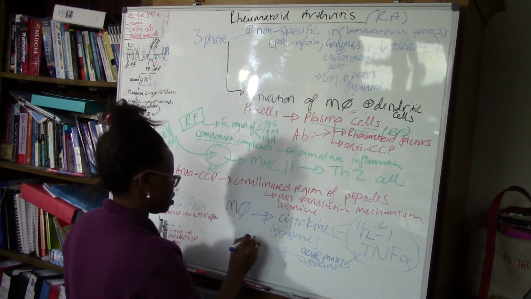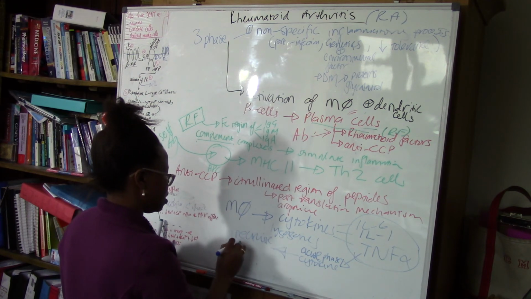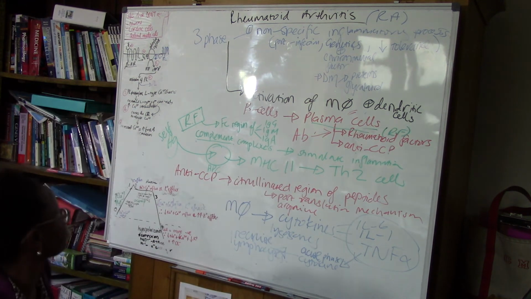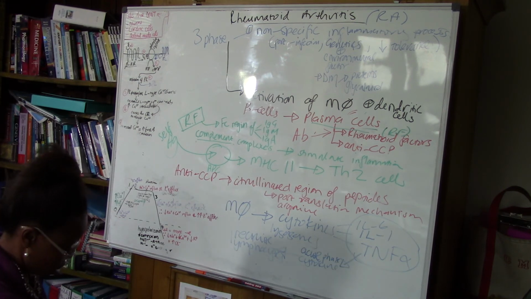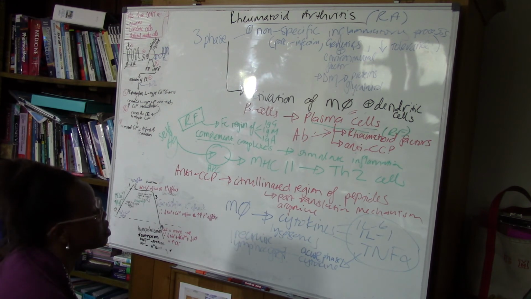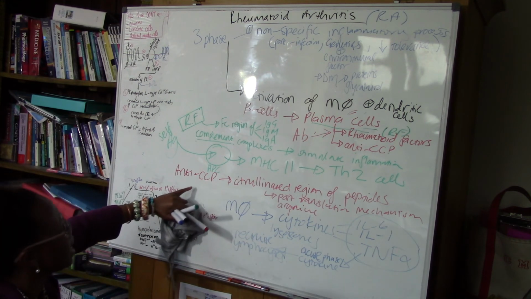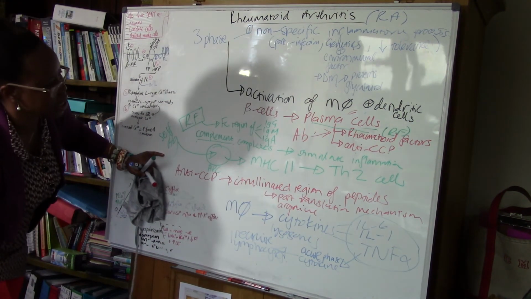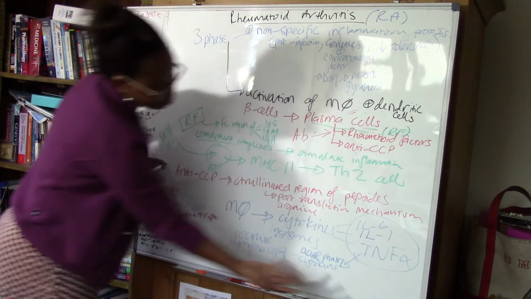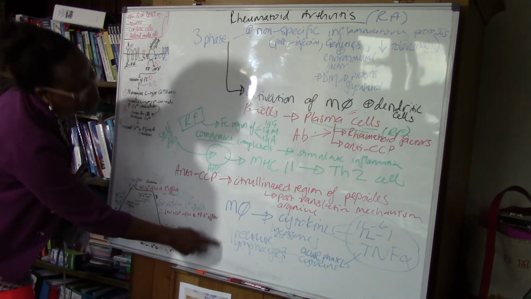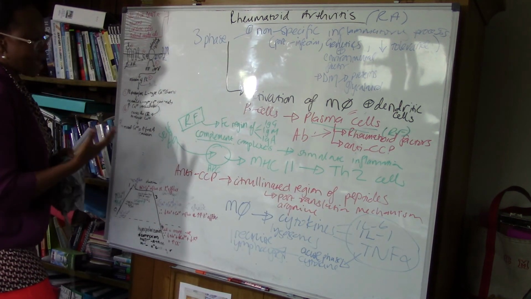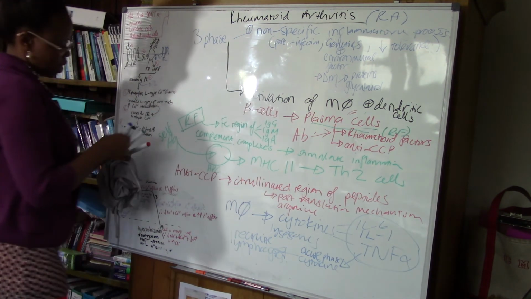So they recruit lymphocytes. And what I must also mention is that rheumatoid factor and anti-CCP, I have said it, they are self-antigens. The activation of these inflammatory cytokines will recruit lymphocytes, specifically the CD4 positive lymphocytes.